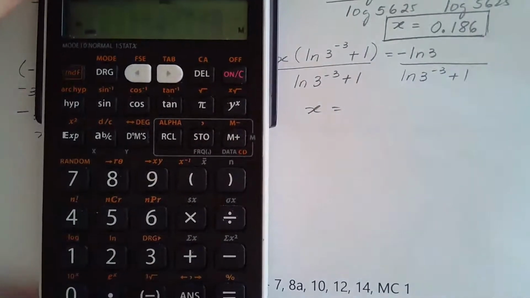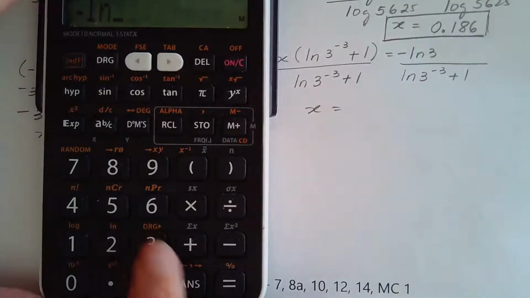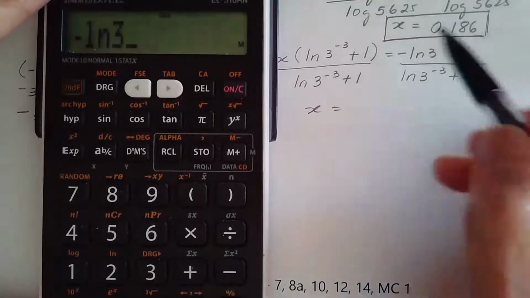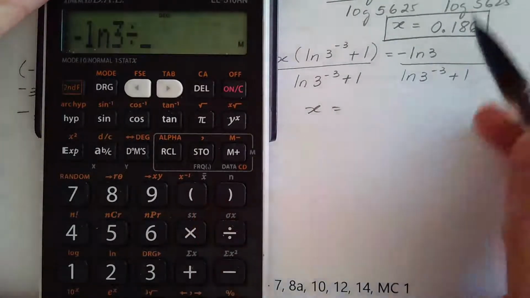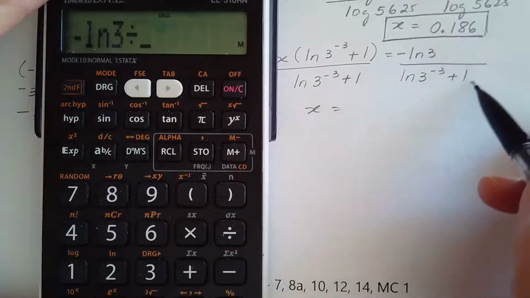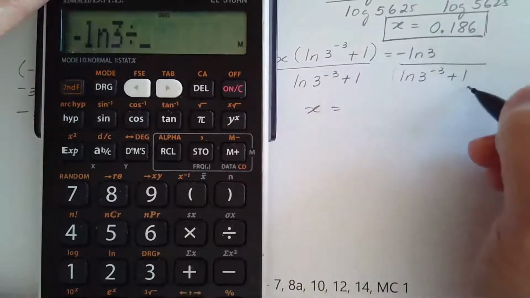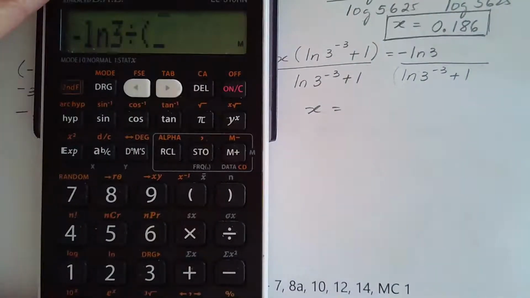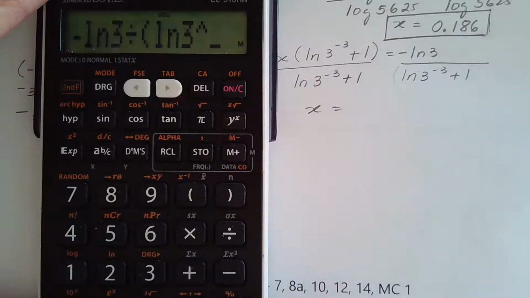So negative natural log of 3, that's the numerator, divided by all of this denominator in here. So in that case, I have to put a bracket right there. So natural log of 3 to the exponent negative 3.